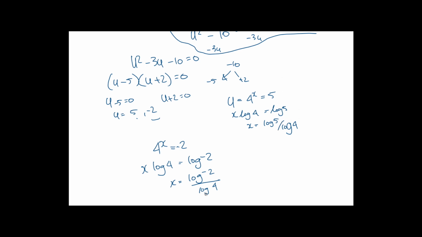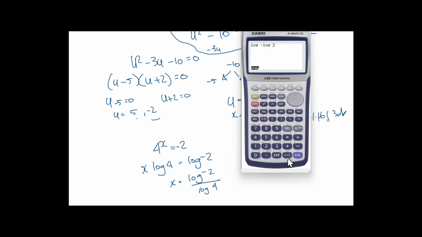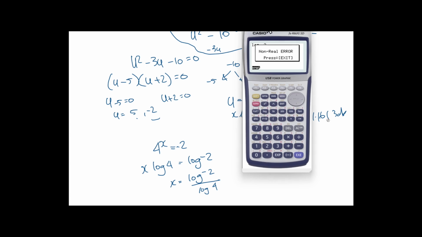So this one here is going to be log of 5 divided by log of 4, which is 1.161 to 3dp. And log of negative 2 gives a math error, a non-real error, which means that there's a solution, but it's a complex one.